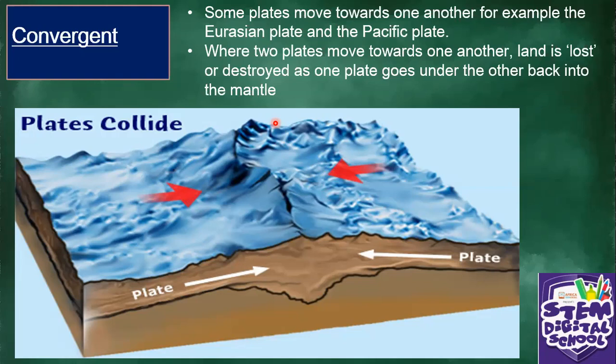It's convergent movement. So when 2 plates move towards one another, the land is lost or destroyed as one plate goes under the other back into the mantle. So they are colliding, moving towards each other. It's called convergent movement.